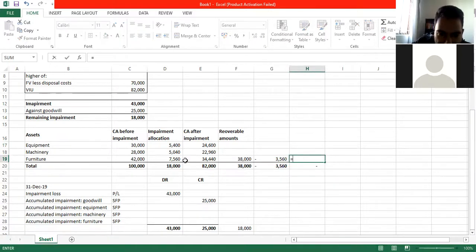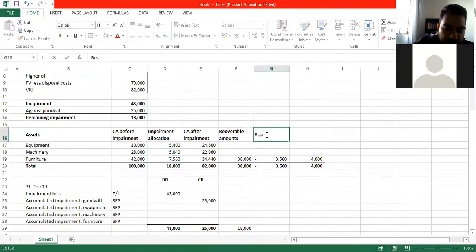So this impairment will be its initial allocation plus a reallocation. So we call this a reallocation. And this is going to be your final impairment.